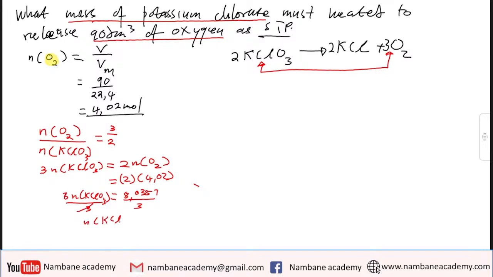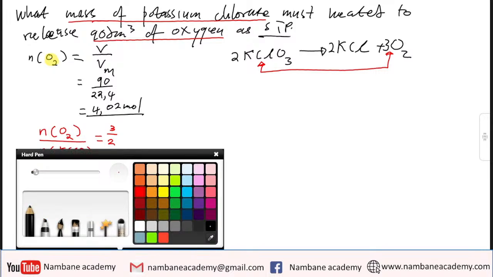And we still have 3n of KClO3 divided by 3, and then the number of moles of KClO3 is equal to 8,0357 divided by 3. This gives us something like 2,67 mole. Then I have the number of moles of potassium chlorate.